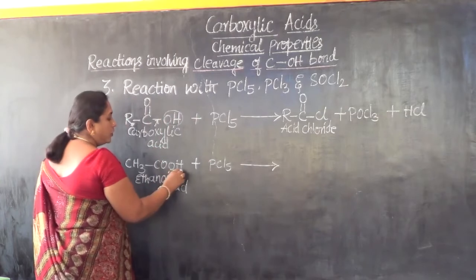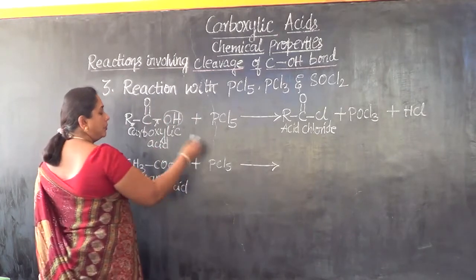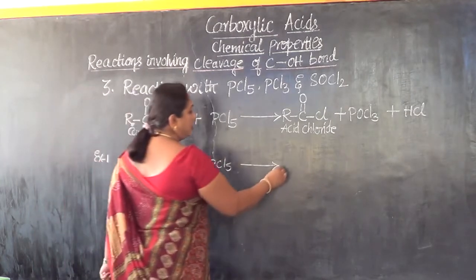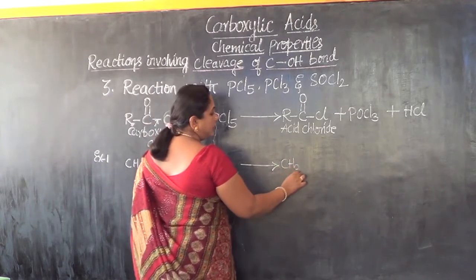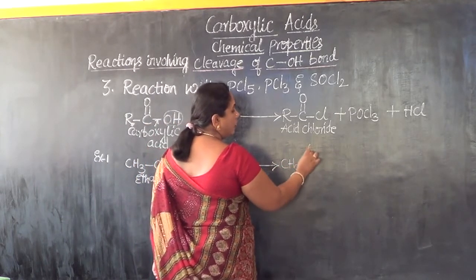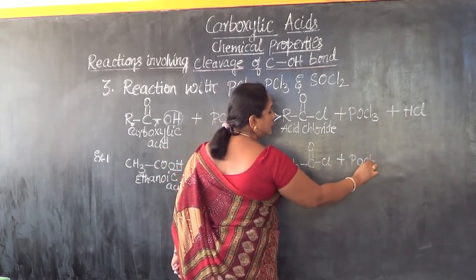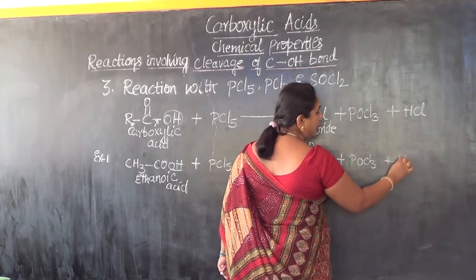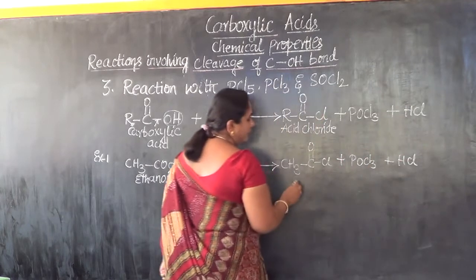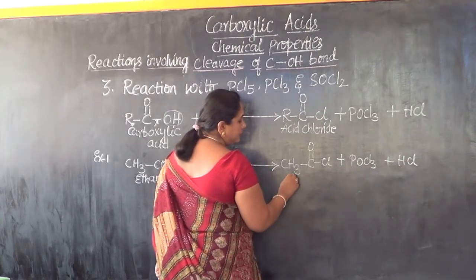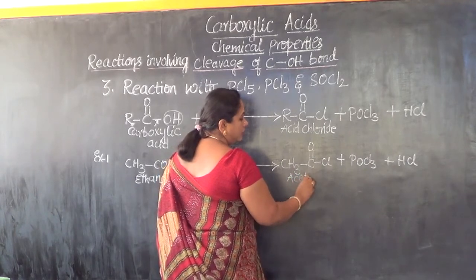Now this OH will be substituted by the Cl. So we will get CH3COCl along with POCl3 plus HCl. So this will be our acetyl chloride.